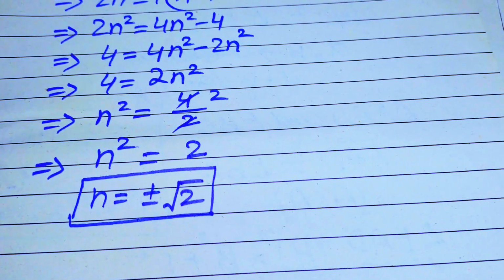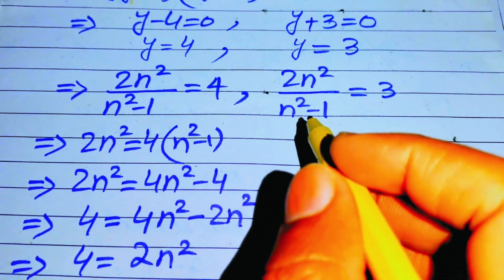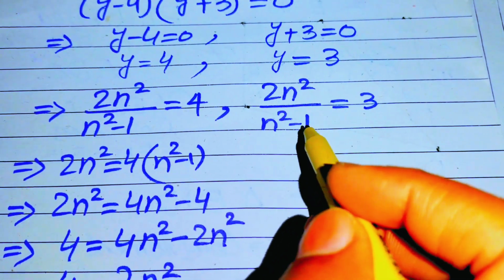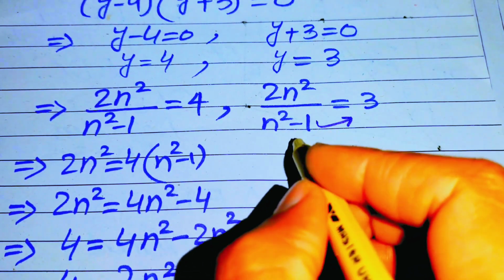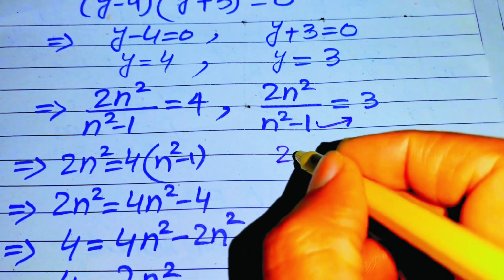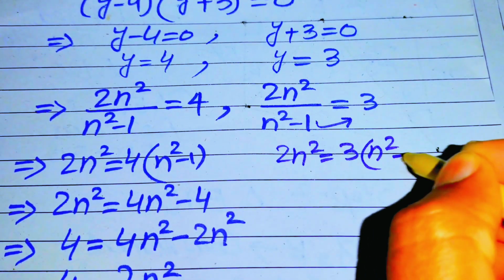And now we focus on the second case, and our second case is 2 times n square over n square minus 1 equals 3. So again we move this term to the right hand side and you get 2 times n square equals to 3 times n square minus 1.